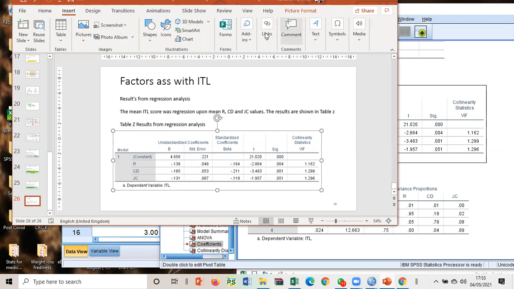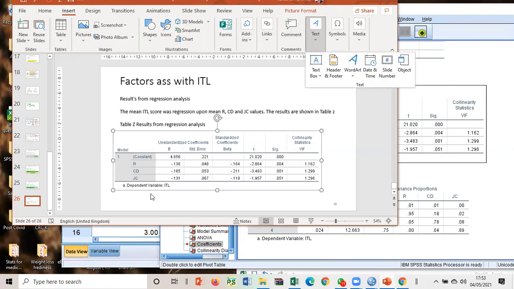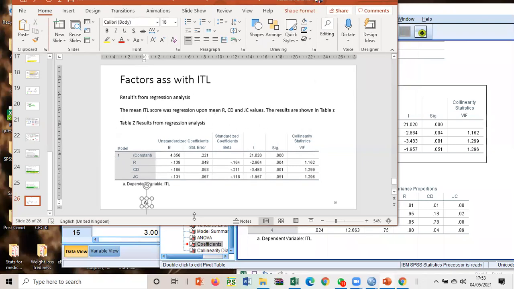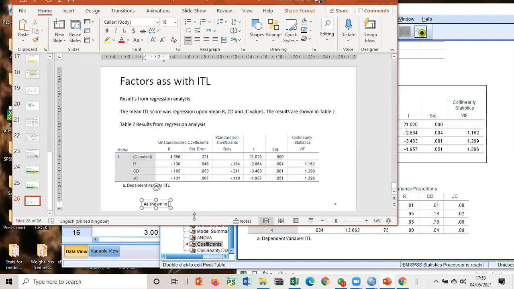As shown in the table, ITL depends only on R and CD.